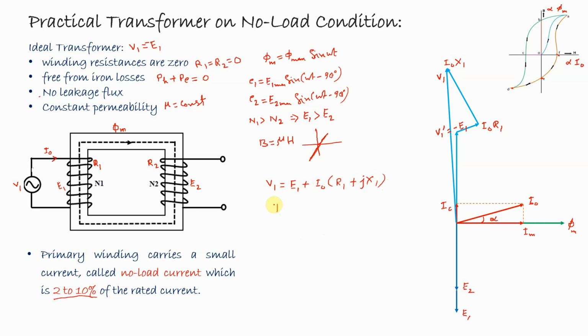I naught is the combination of IC and IM, the core loss component of the current and the magnetizing current. These two currents are 90 degrees apart, so I naught can be written as the square root of IM square plus IC square. So this is the phasor diagram of the practical transformer on no load condition.